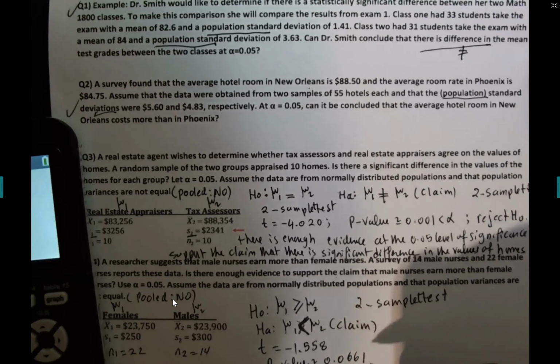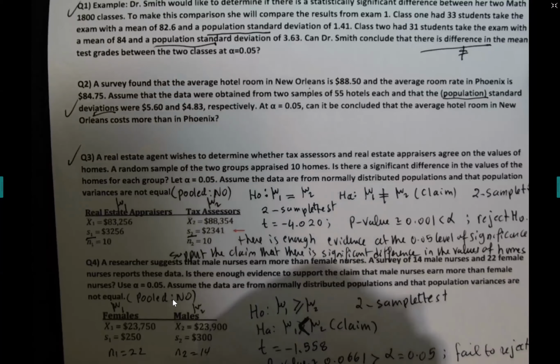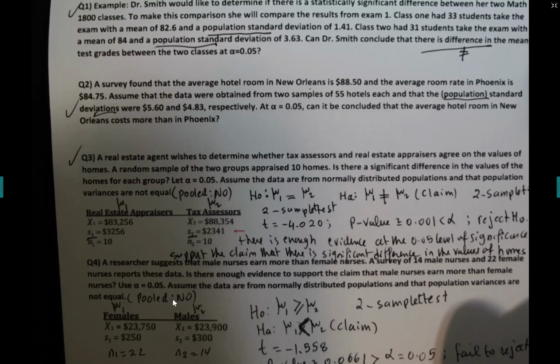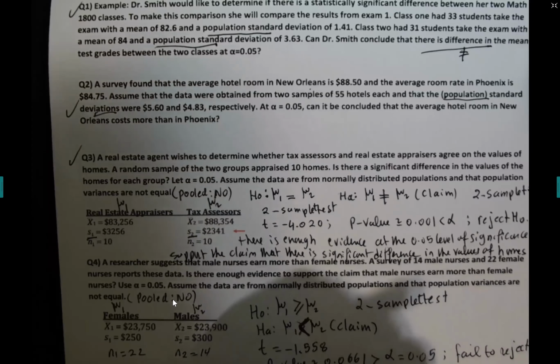When you fail to reject H0, you cannot support the claim. There is not, if it is an HA, there is not enough evidence at the 0.05 level of significance to support the claim that female nurses make less than male nurses.